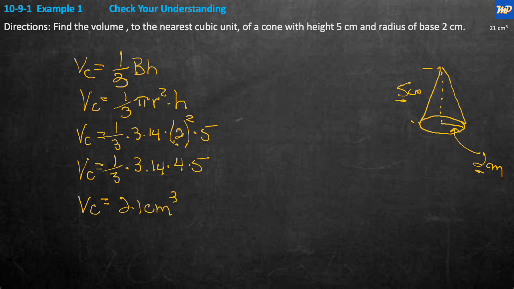What? That's right, cubed. Make sure you always take care of your units. So that is the volume to the nearest cubic unit. It's rounded because it normally would be a little higher or a little lower. I'm not sure which one it was when we did the math. I did the math ahead of time. Anyways, there it is: 21 cubic centimeters.